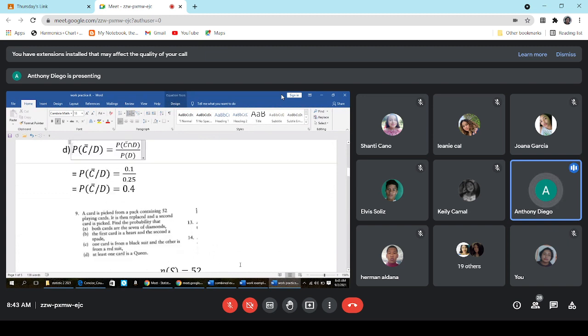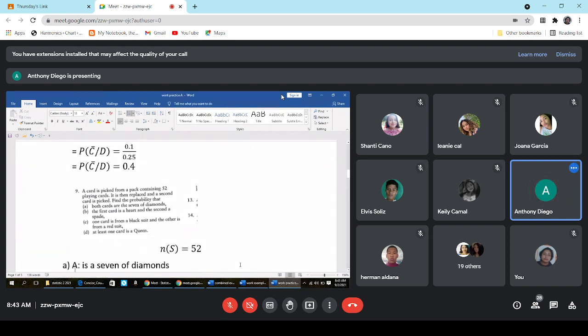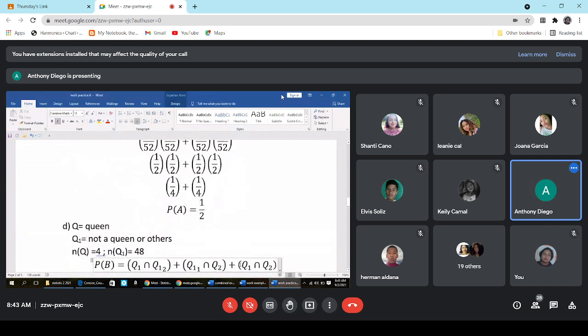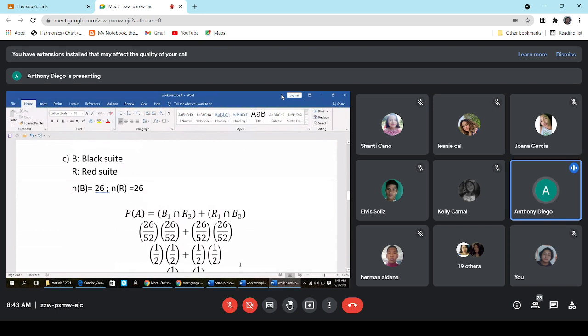So the other part: at least one card is a queen. So what does at least mean now? At least one card is a queen.